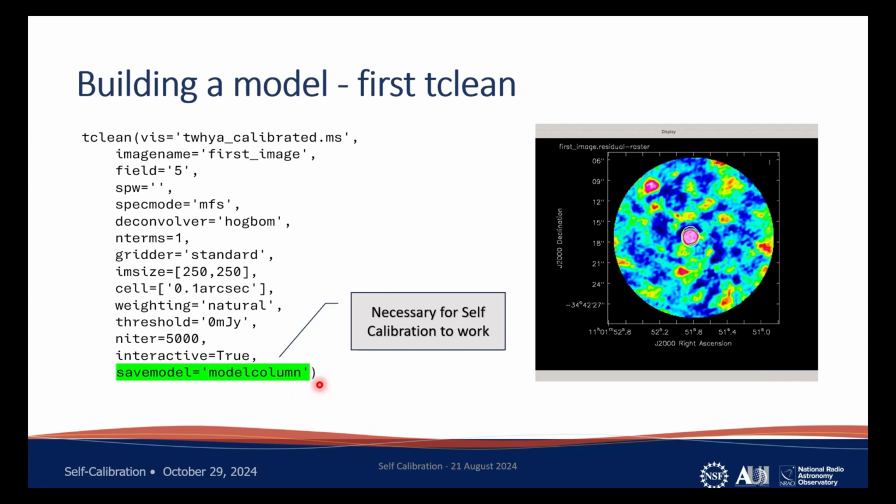This would be the second tclean command from the script. Make sure you also do cleaning for this, otherwise we are just saving the image and it does not create a model.